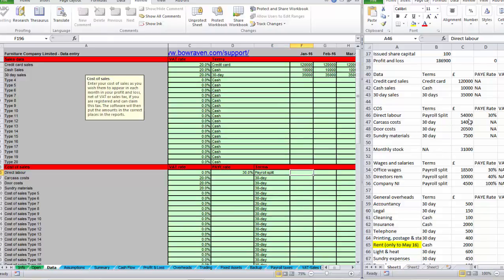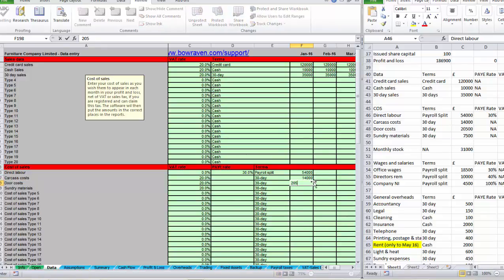The direct labour is £54,000. Going back to these sales, these are all net of VAT if you are VAT registered, or in your own country, sales tax, or GST. So make sure you enter these net. If you're not VAT registered, then you don't have to worry about that.